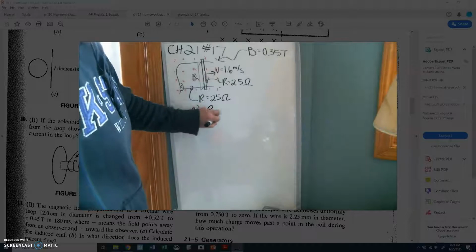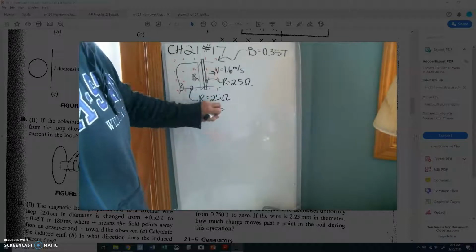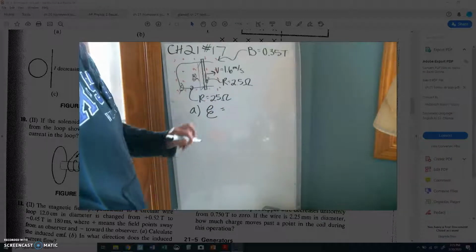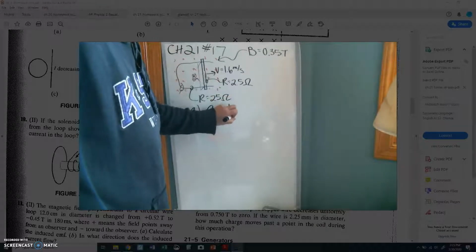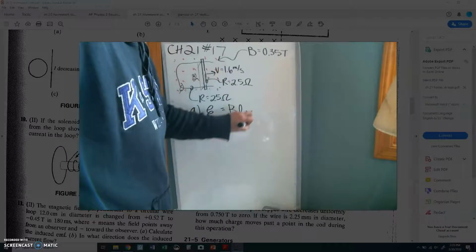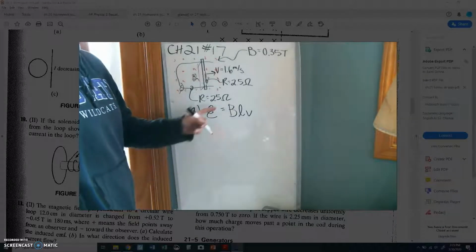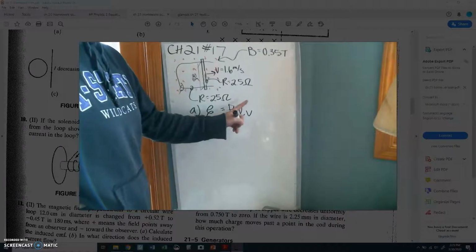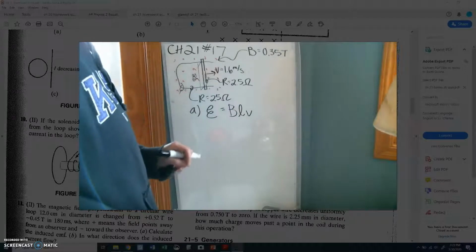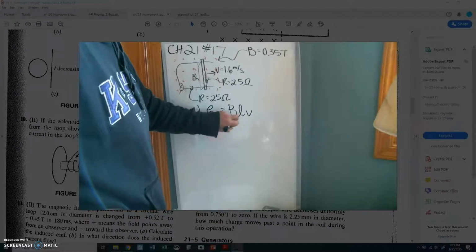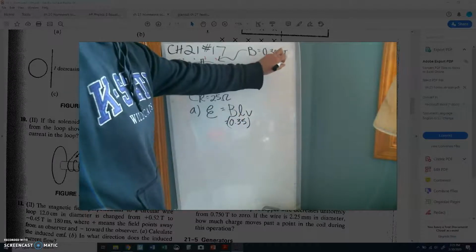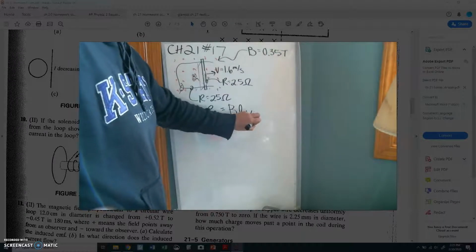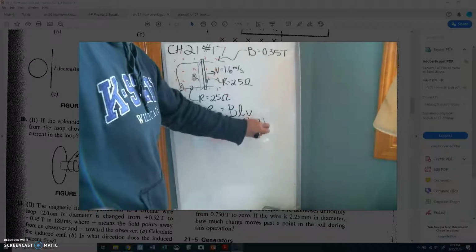So EMF, I'm trying to find my potential difference. For a moving conductor, if we look at our AP Physics 2 equation sheet, it would be magnetic field times length times our speed. So magnetic field, 0.35 Tesla. That's the unit we want, Teslas. Length, we're going to be at 0.3 meters.